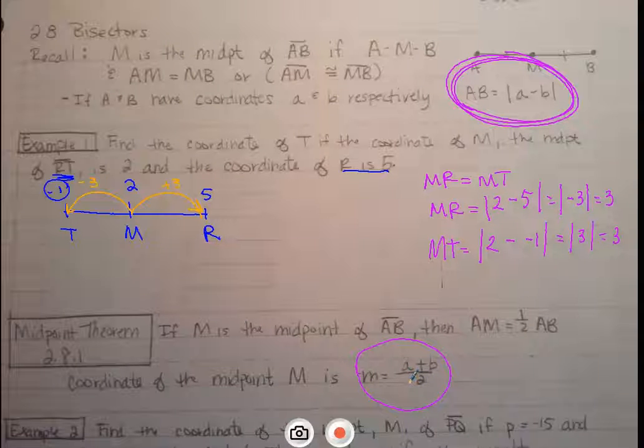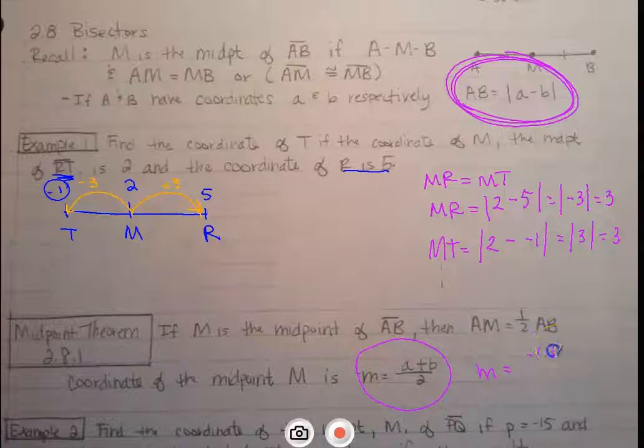So in this case, if we used it for T and R, we would say the midpoint equals... our T is... so -1, you're right. I started to say 5.